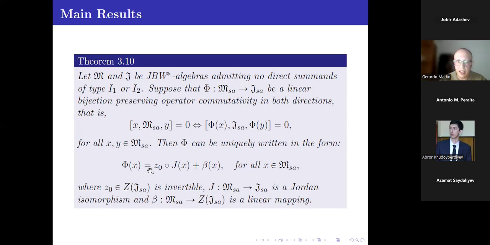But in this case, z sub 0 is a central element in the self-adjoint part of J, J in this case is a Jordan isomorphism between the self-adjoint parts of the algebras, and finally beta is a linear mapping from the self-adjoint part of M to the center of the self-adjoint part of J.